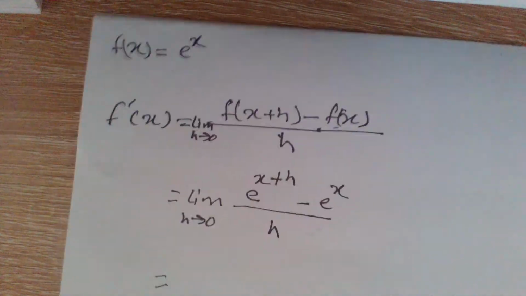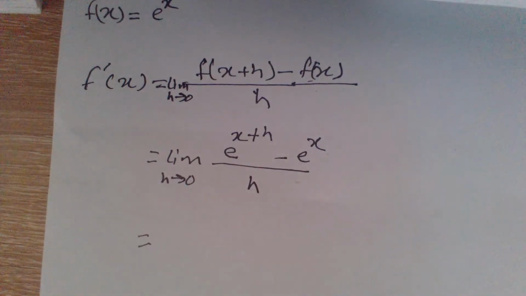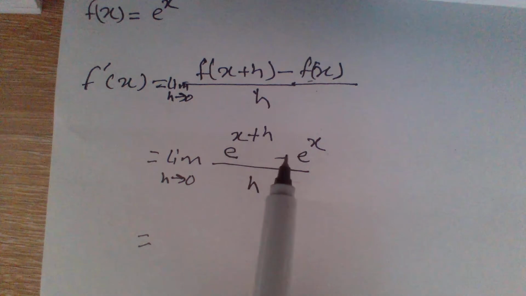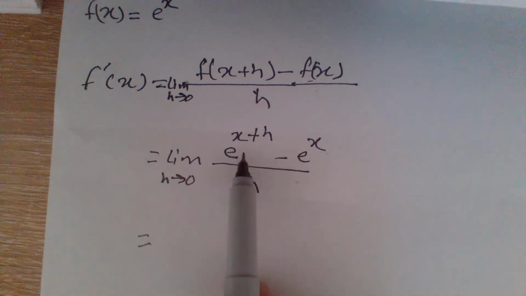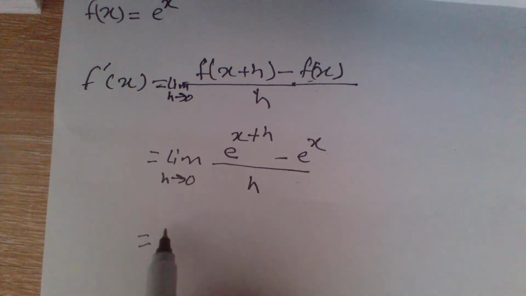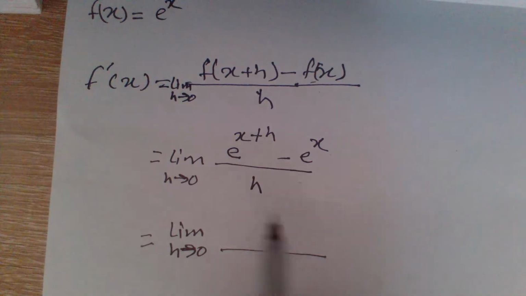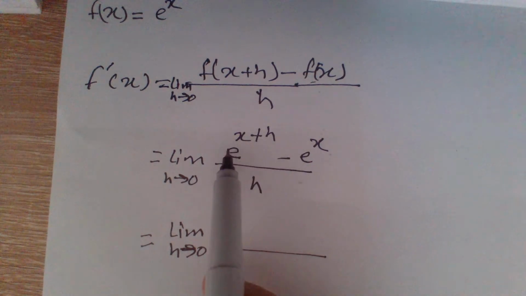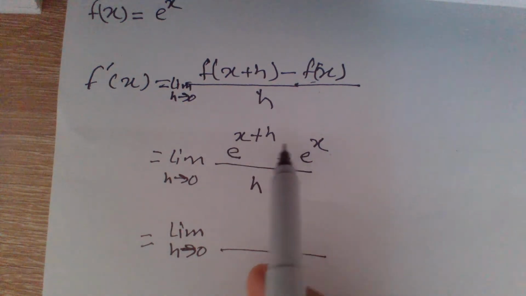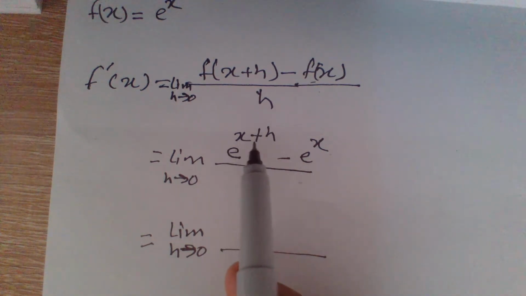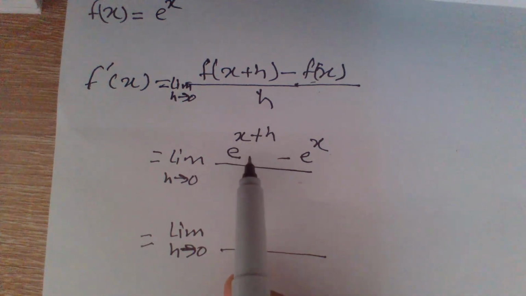Now this formula over here is hard to solve, but if we use the power rule, the index rule, we know that the limit, let me write this again, as h goes to 0. If we take this out, e to the power of x times e to the power of h, the powers add up because both bases are the same.